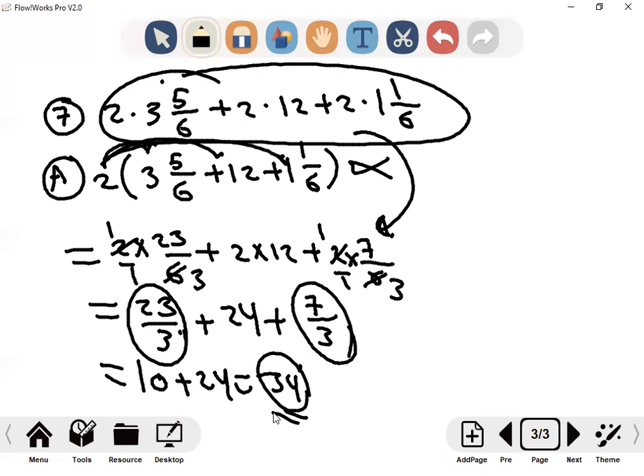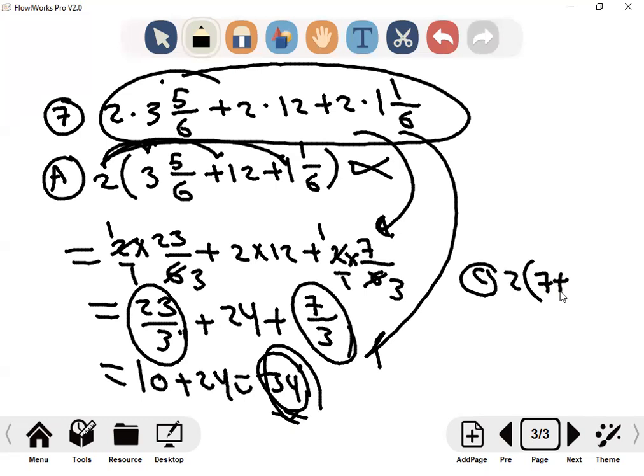Understand? Okay, C, 5 plus 12. Don't we do brackets first? 5 plus 12, how much? 17, multiply 2 outside, 34, the same. Right? What's the matter, you look surprised. The answer, son, how much did it come out? 34. And part C, what do you have? 2 with 7 plus 2 with 5 plus 12.